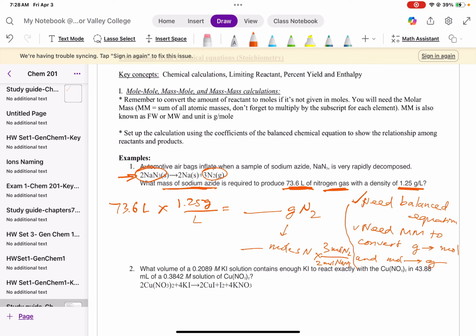With moles of nitrogen gas, oops, I had it backward. It should be 2 moles of NaN3 for every 3 moles of nitrogen gas. That way we can cancel nitrogen and get the moles of NaN3, and if you get the molar mass, you can convert it to grams.